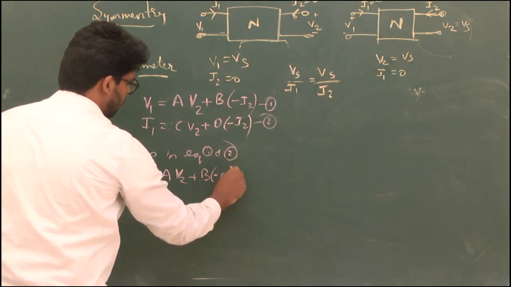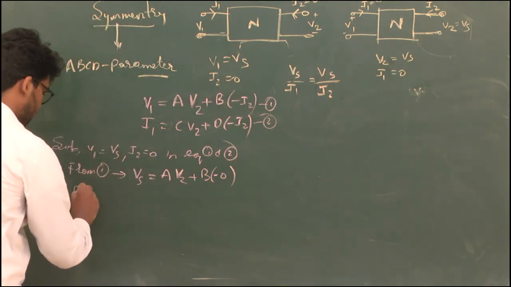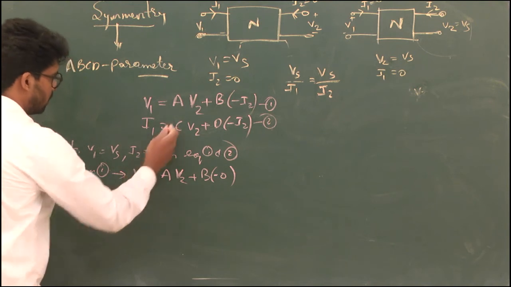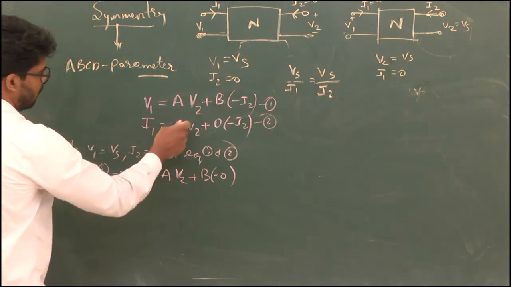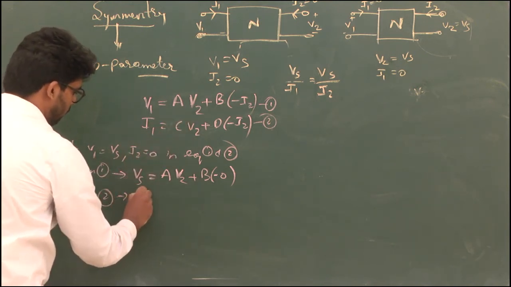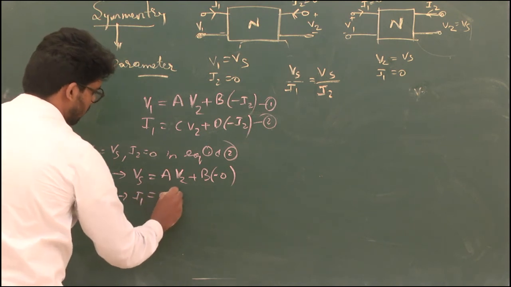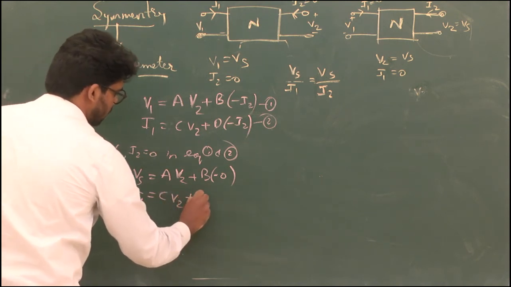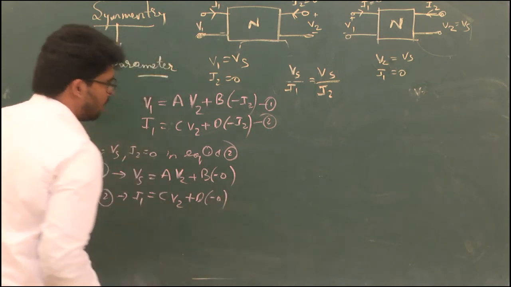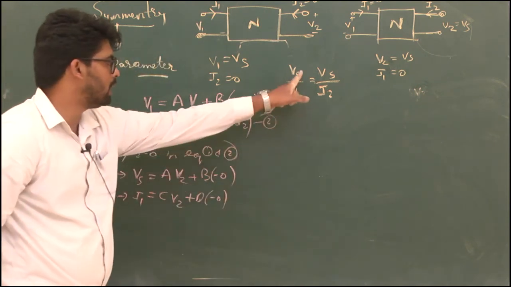And from equation 2, substituting these assumptions, you will get I1 equal to C V2 plus D minus 0. Now we have to find Vs by I1.